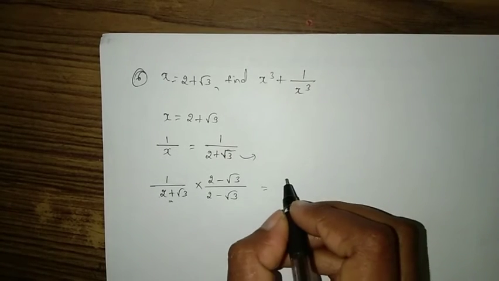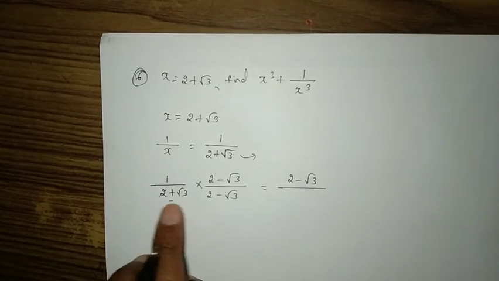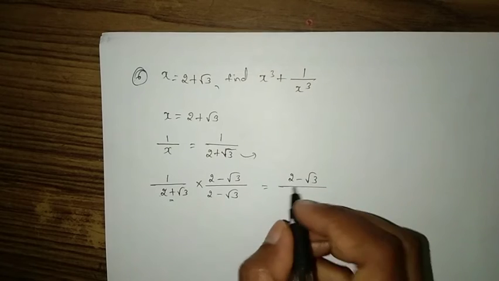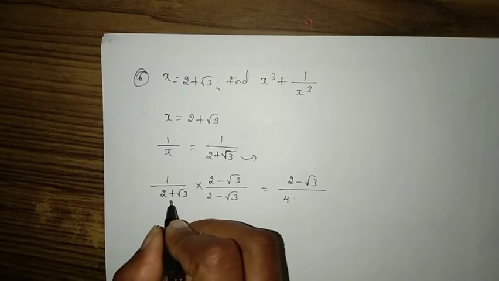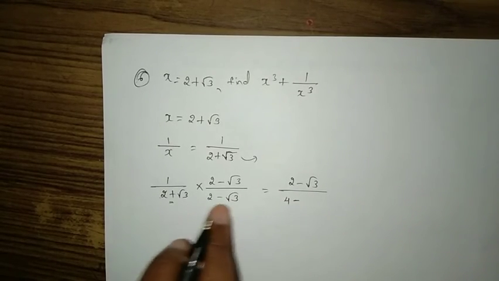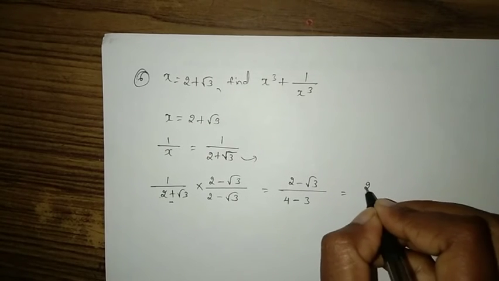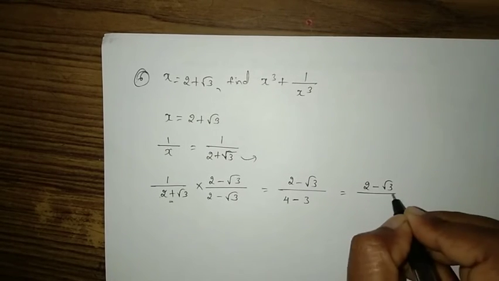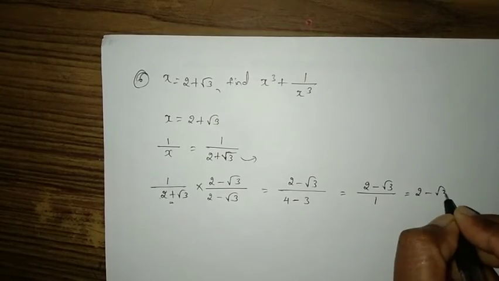So what we get is (2 minus root 3) divided by, here we get 4, and for this we get minus root 3 into root 3, it becomes 3. So we get (2 minus root 3) divided by 1, that is 2 minus root 3.